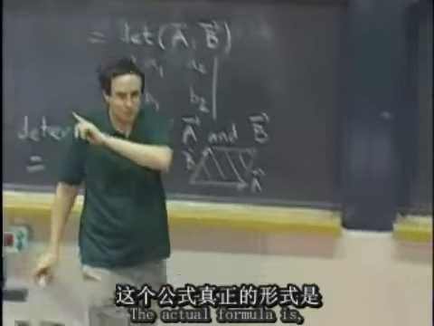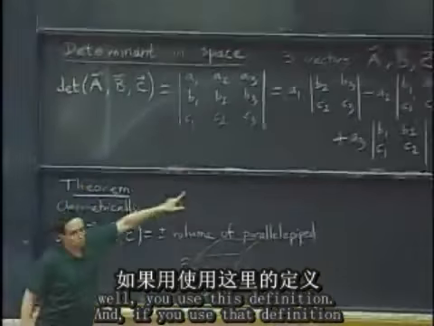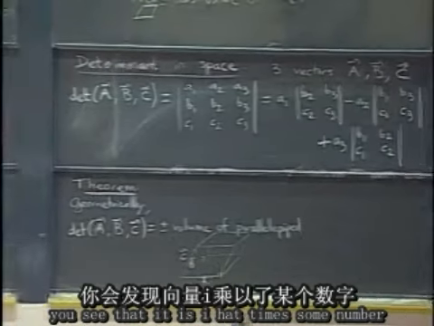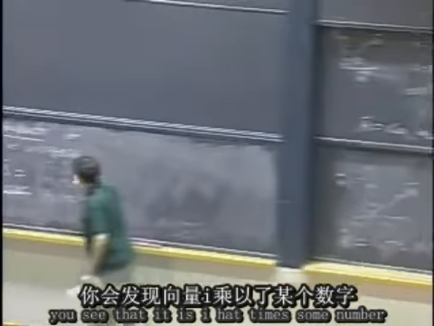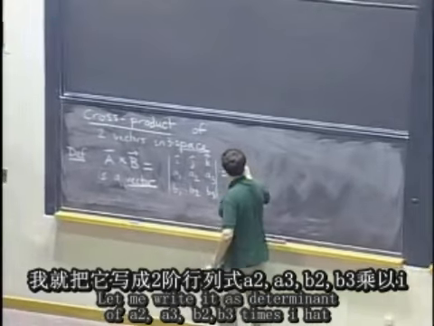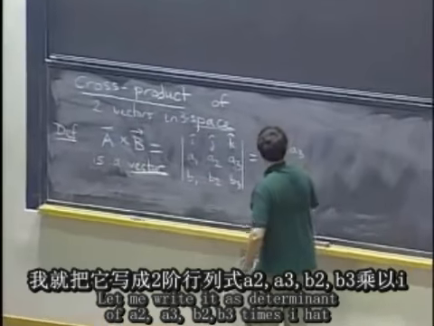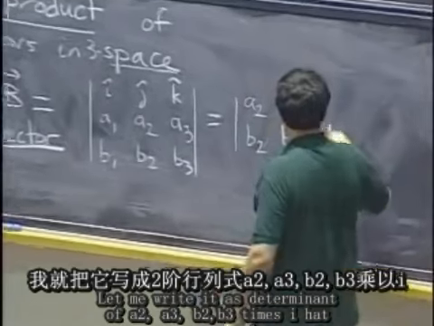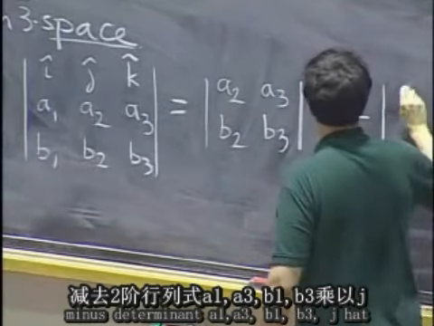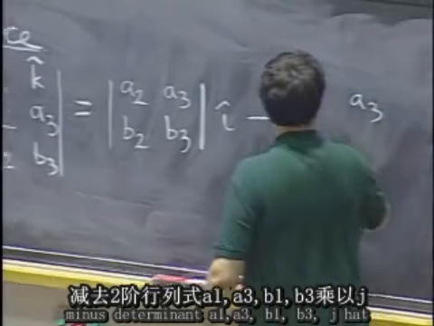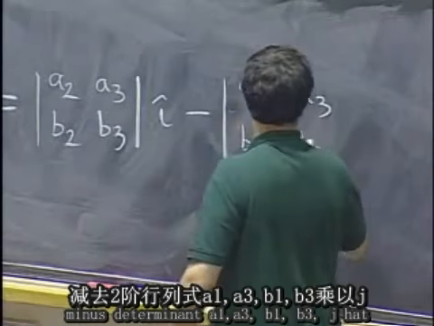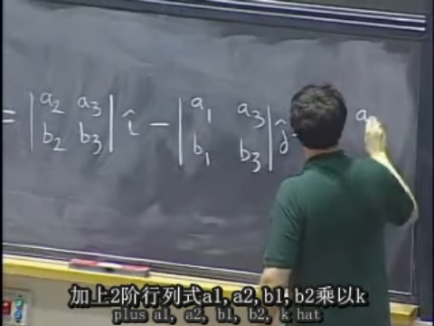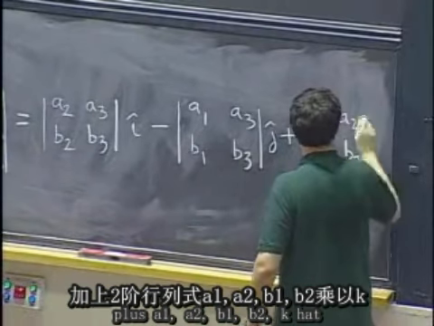So the actual formula is, if you use this definition, you see that it's i hat times some number. Let me write it as the determinant of A2, A3, B2, B3 times i hat, minus the determinant of A1, A3, B1, B3 times j hat, plus the determinant of A1, A2, B1, B2 times k hat.